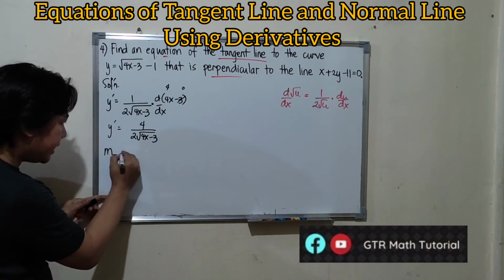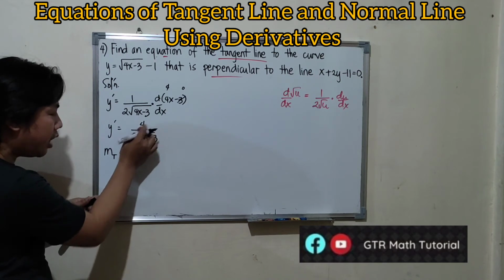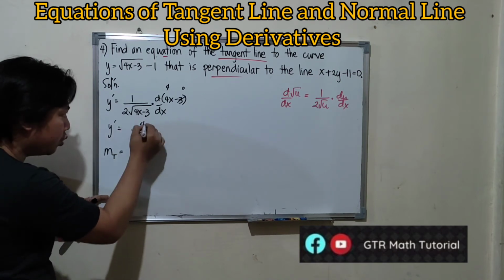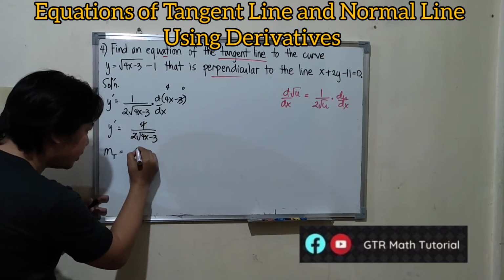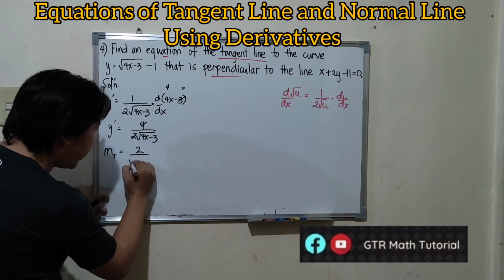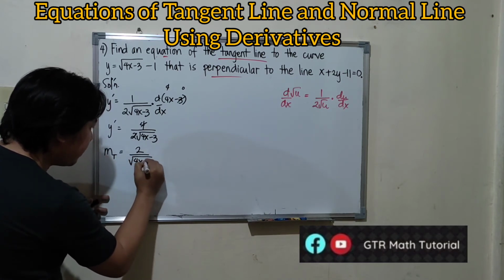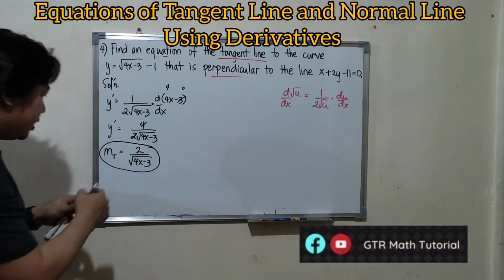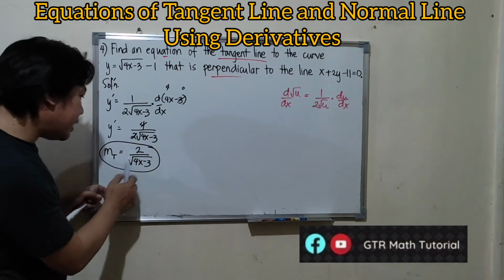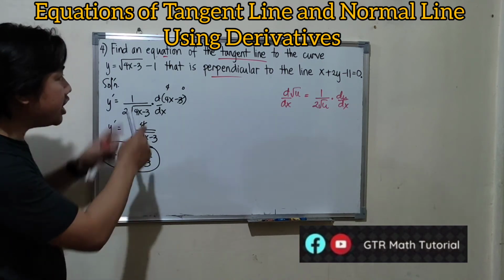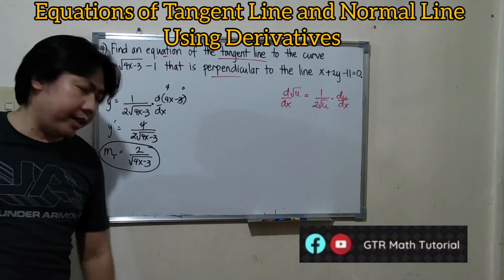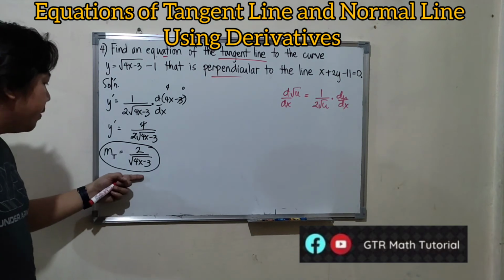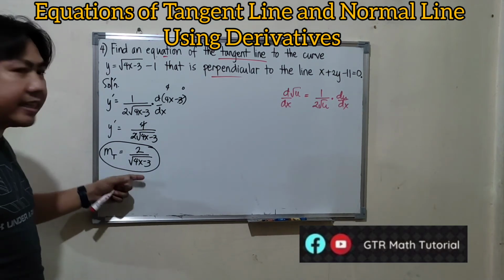So slope of tangent line is equal to, simplify natin, 4 divided by 2, that is 2, over square root of 4x minus 3. So this is our first equation. Later we will solve the value of x since there is no given point. So this is the slope of the tangent line.